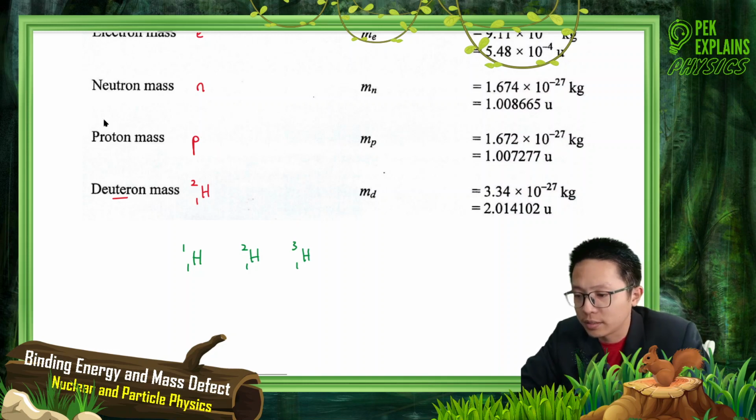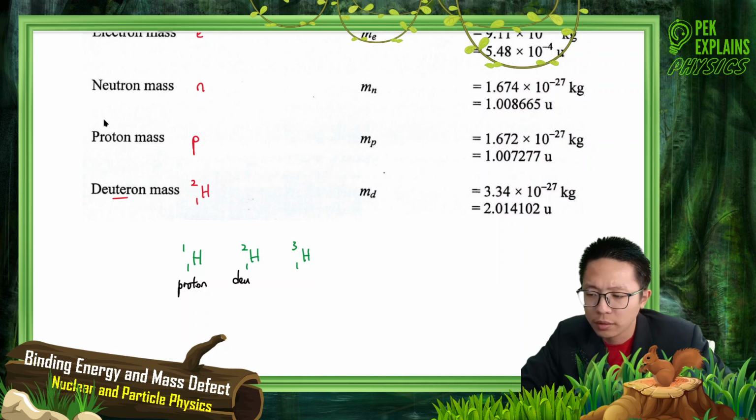So this one is just a proton, and this one is deuterium. Wait, hold on a second.